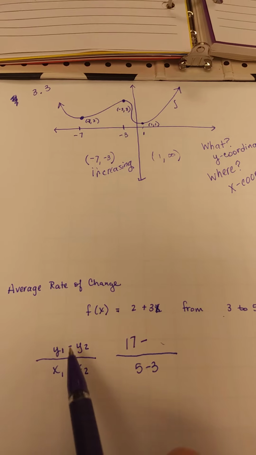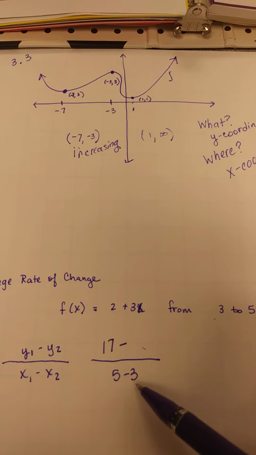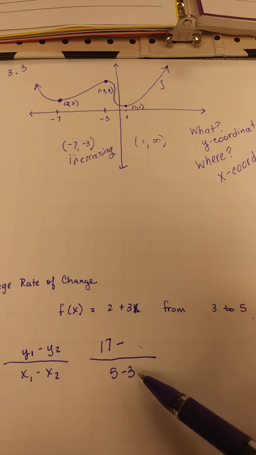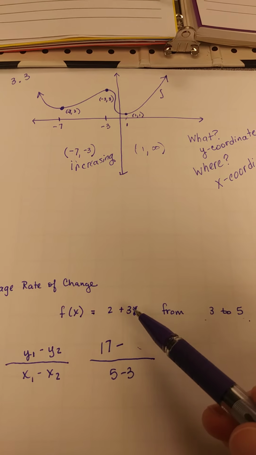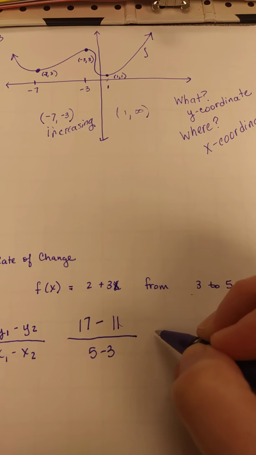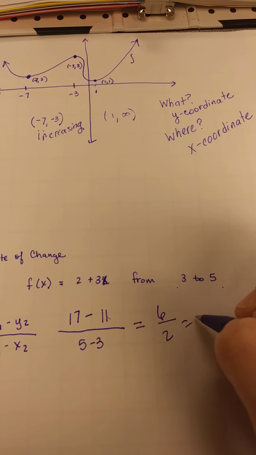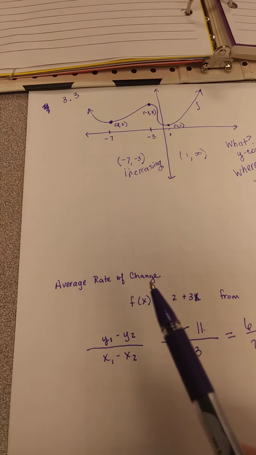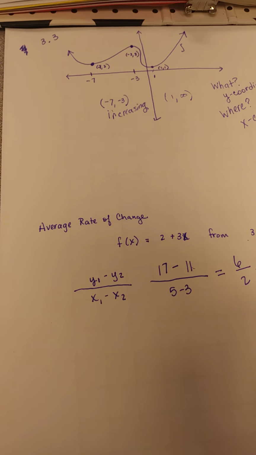Now, the minuses come from the formula. Now take the 3 and plug it in, or whichever number you put second. So I put the 3 in. 2 plus 3 times 3. That's 2 plus 9. That's 11. And now all I have to do is simplify. 6 over 2. That's 3. That's the average rate of change. Average rate of change is kind of another word for slope.